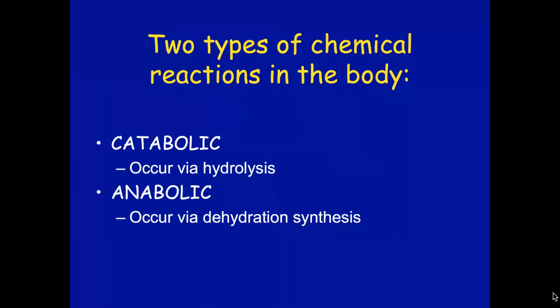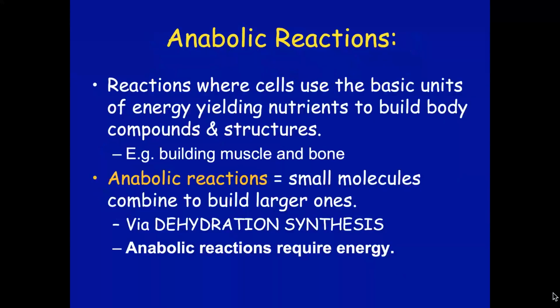We already know about catabolic and anabolic reactions. Catabolic reactions will break things down. It will occur via the process of hydrolysis. An anabolic reaction will build things up, which will occur via the process of dehydration synthesis. Again, reactions where the cell is using basic units of energy that yield nutrients to build bigger compounds and structures are anabolic reactions.